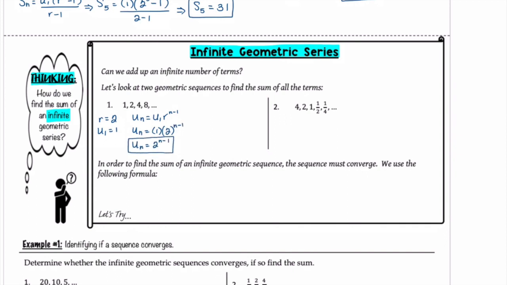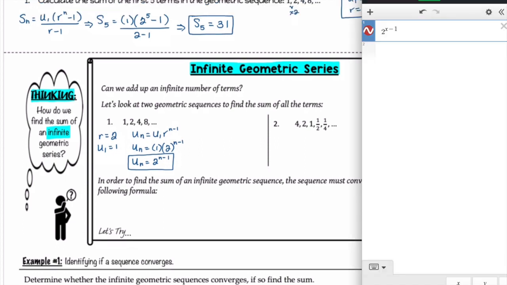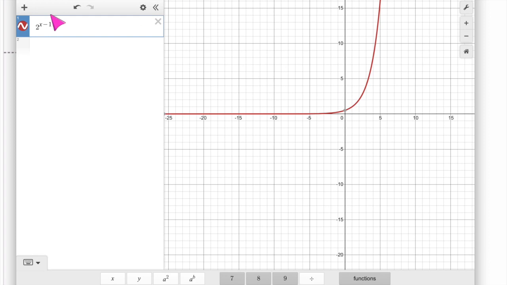So the rule for this sequence, to find the nth term, would be 2 raised to the n minus 1. I am going to graph this function. So I've put it into decimals, 2 raised to the n minus 1, x minus 1. And I see our function from left to right is increasing, right? It's exponential.